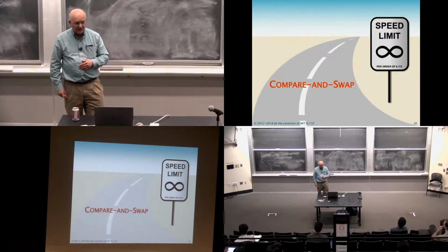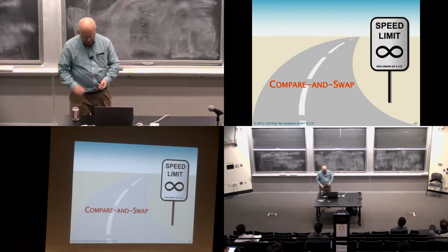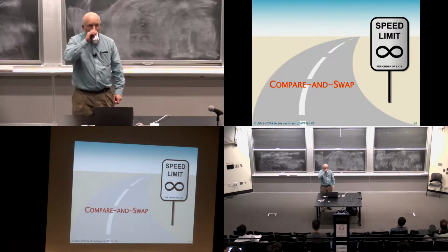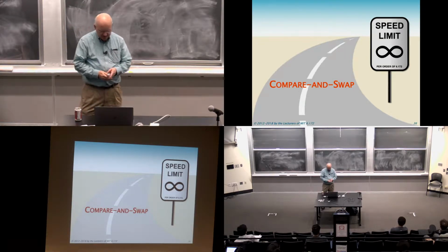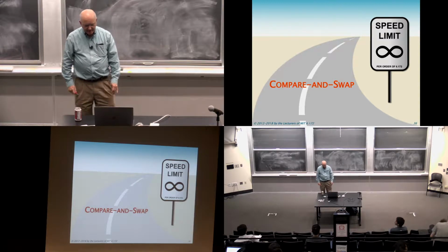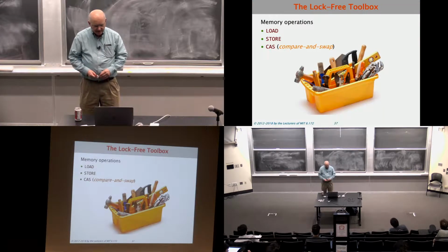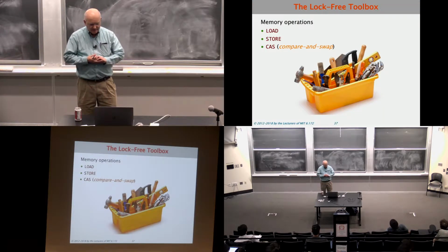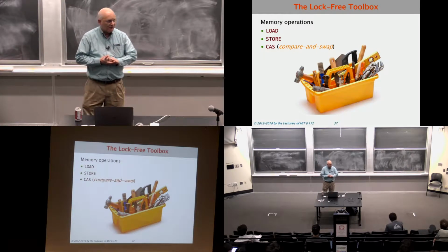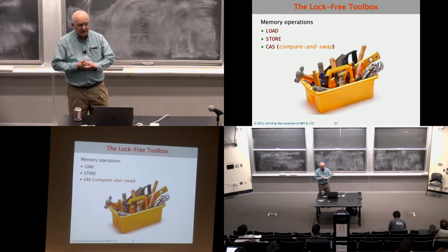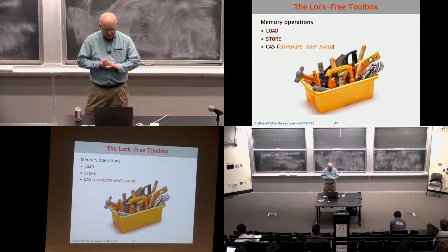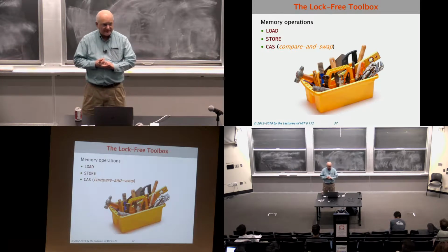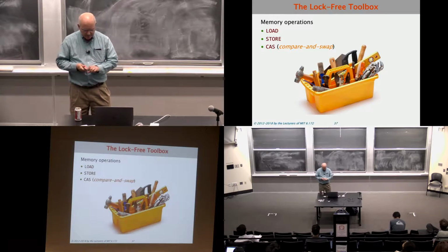The one I picked is compare and swap, because it's the one that's probably most available. There are others like test and set and so forth. When you want to build lock-free algorithms, and we'll talk about why you might want to do that, there's load and store, and then there's this CAS instruction, compare and swap.